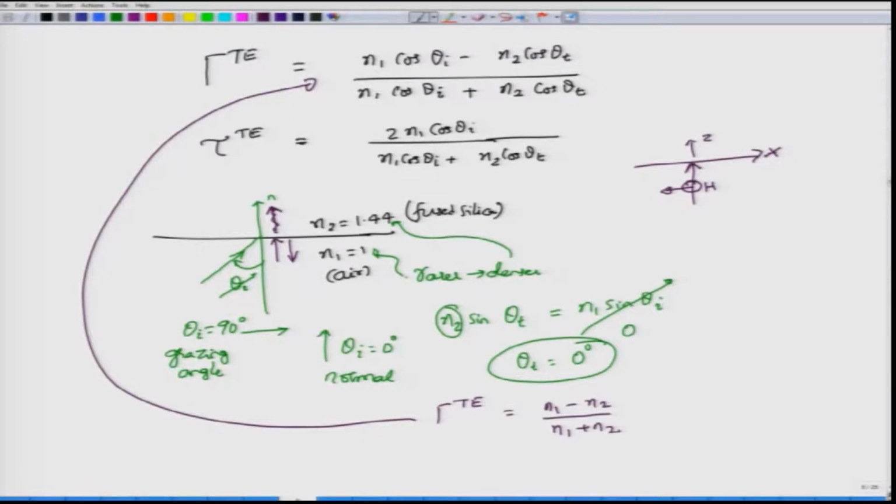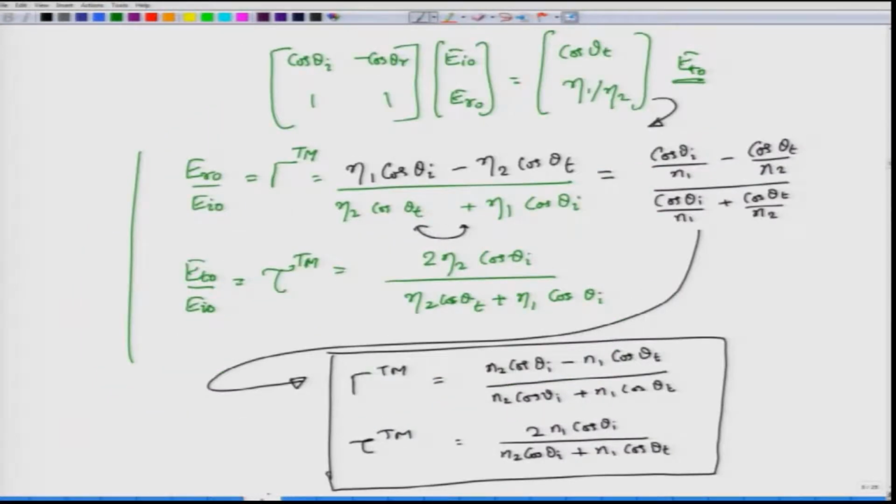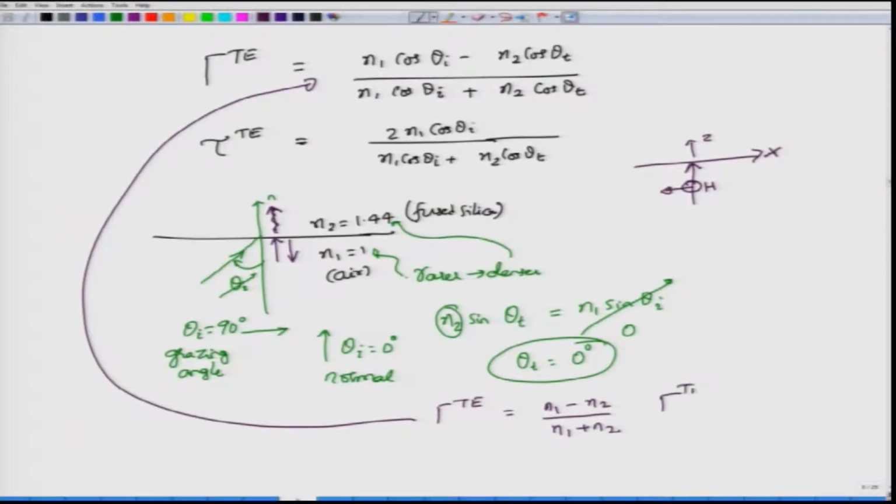Of course, there has to be a small difference in the way we have put electric and magnetic fields, and that small difference comes because there is a 90-degree phase change between the two, and there is an overall 180-degree phase change before you do this one, and we will not go into the details, but the reflection coefficient for TM in the normal case, so let me write this one as theta I equals 0 case, will be N2 minus N1 divided by N1 plus N2.